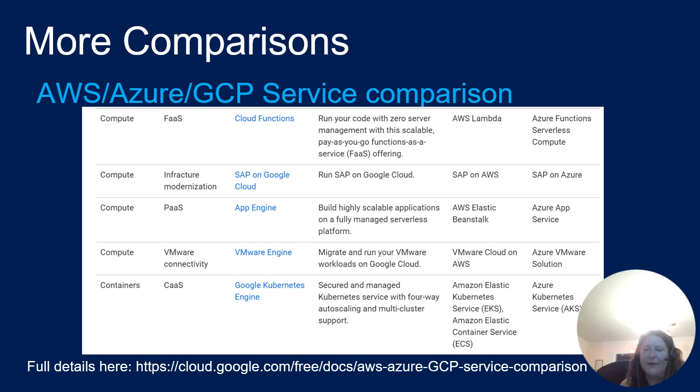On the AWS side, you've got EKS, which is Elastic Kubernetes Service, and Azure has Azure Kubernetes Service. Actually, Google is more advanced in this area as well. Their Kubernetes engine is pretty advanced and seen as the best one by most software engineers. So just so you know that.